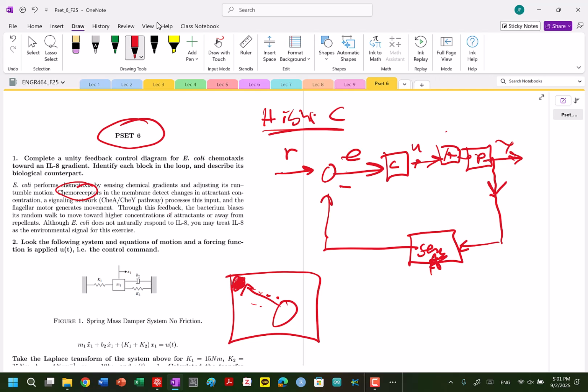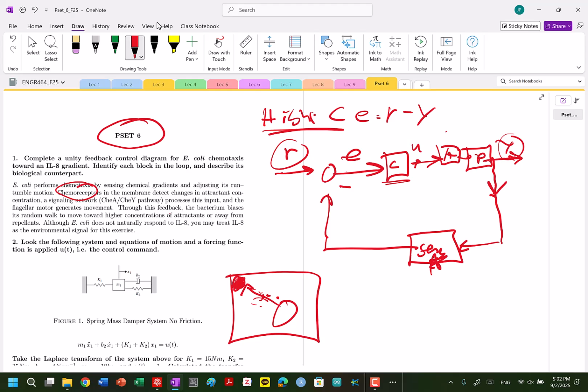So the error is the difference between the more attractant versus what we actually sense, the Y. So the error is always R minus Y, and Y is effectively the chemoattractant that we're sensing along that trajectory. As we're moving, we're comparing the current concentration along that trajectory to the reference, and the error will then send a signal to our controller.